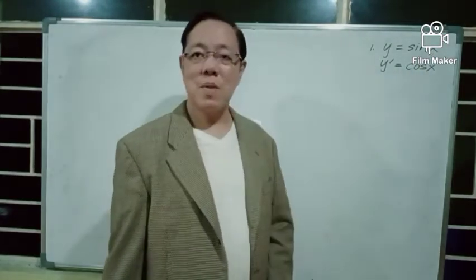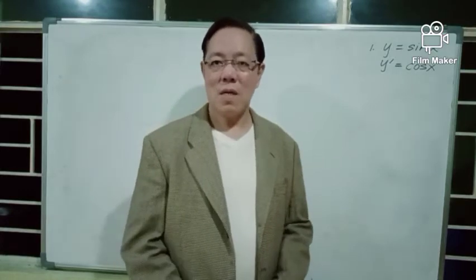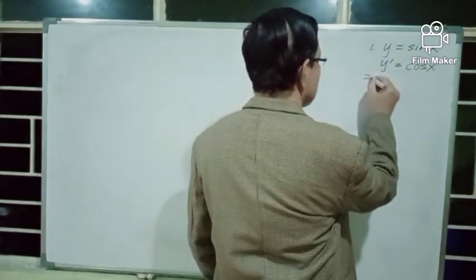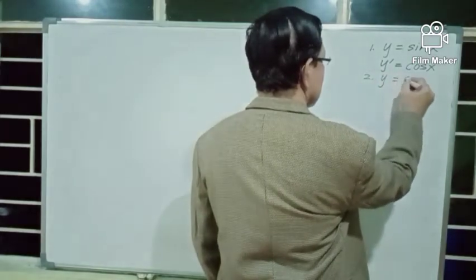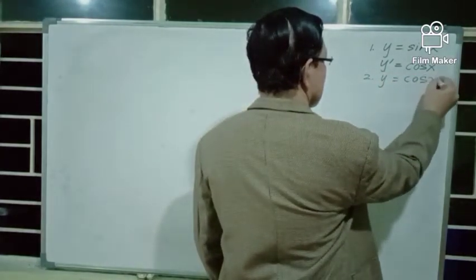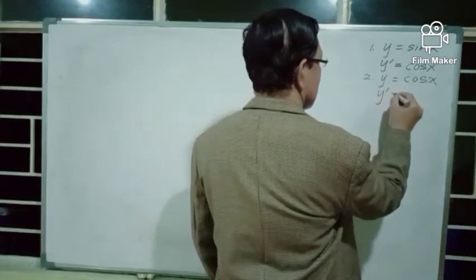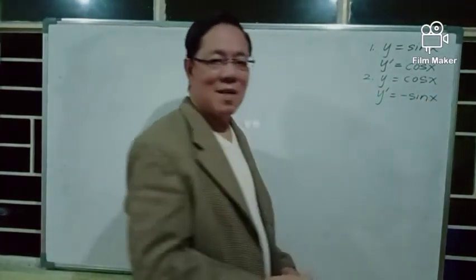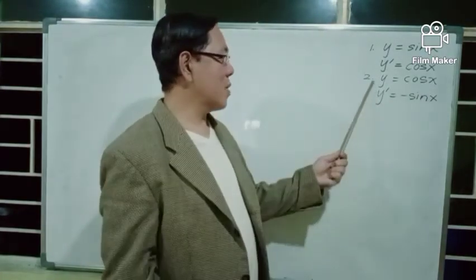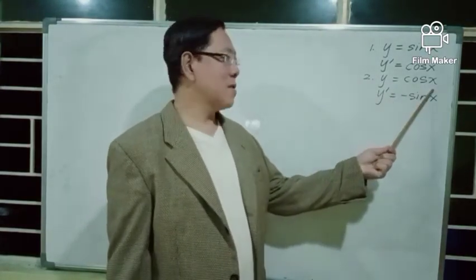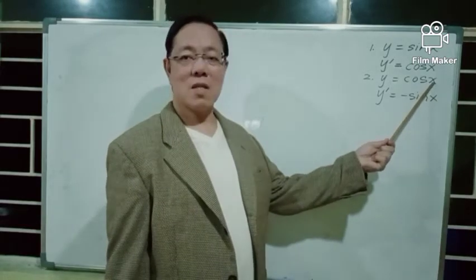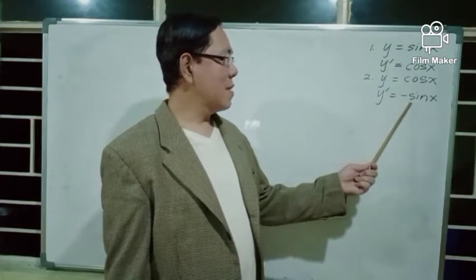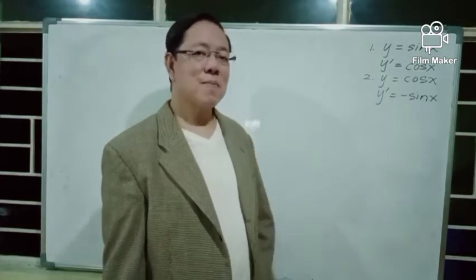Next, the derivative of cosine is negative sine. If the function y equals cosine x, the derivative of cosine x with respect to x, denoted by y prime, equals negative sine x.